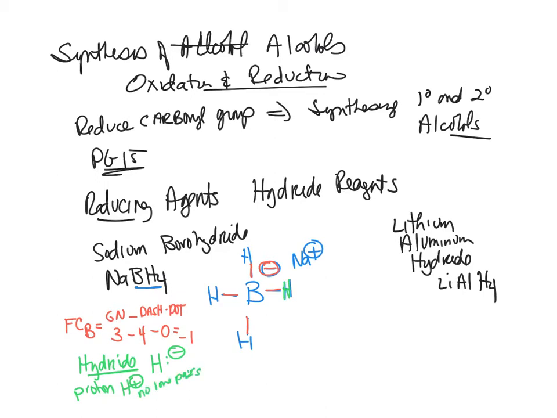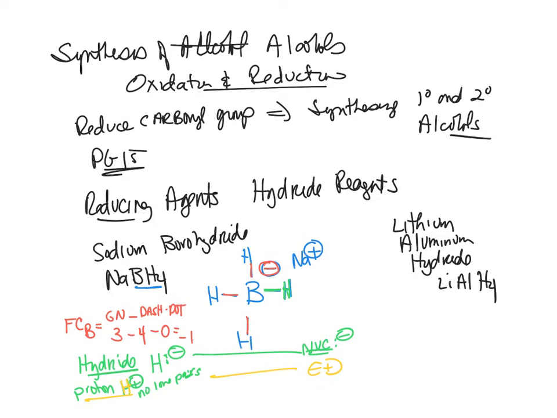So hydride is delivering basically a covalent bond. It's taking these 2 electrons, and this makes it nucleophilic. So you can see the hydride is nucleophilic, whereas a proton is an electrophile. Even though they're both H, one's an electrophile and the other one is a nucleophile.